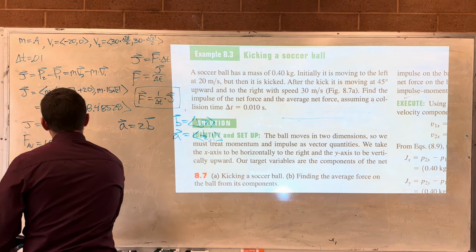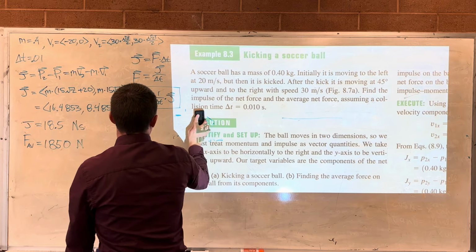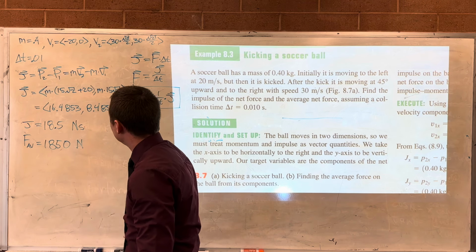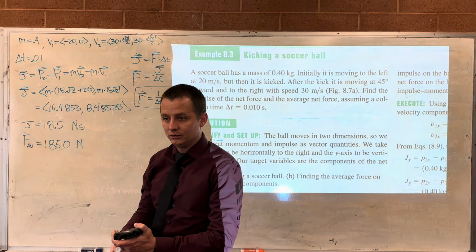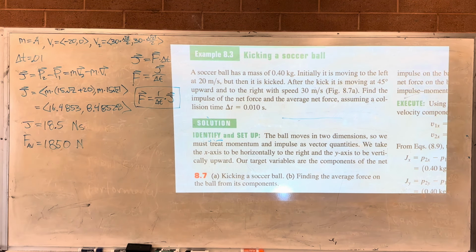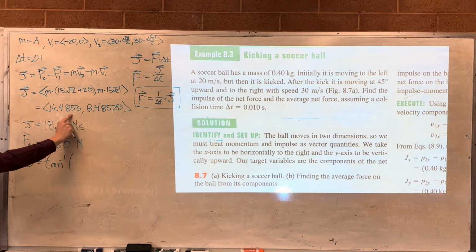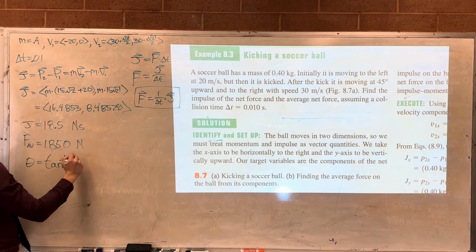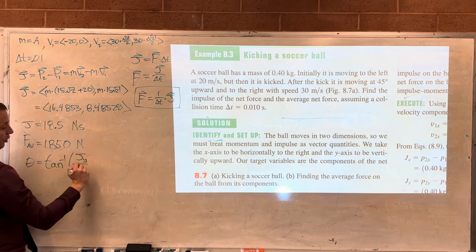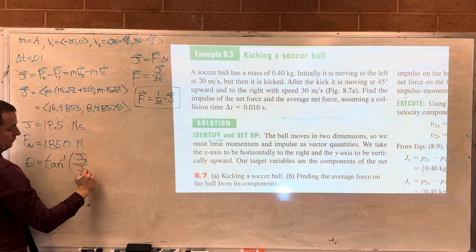Right. So the point of all that is, I can use these numbers to calculate the angle. And so the angle that this is going to move at, did he give it a particular name? No. We'll just call it theta. Theta is going to be the arc tangent of rise over run, of j sub y over j sub x. Good?